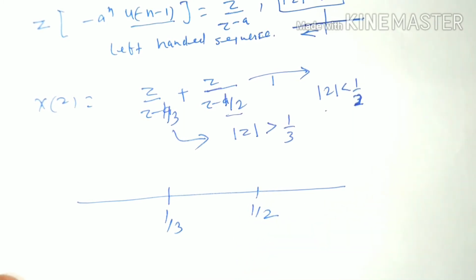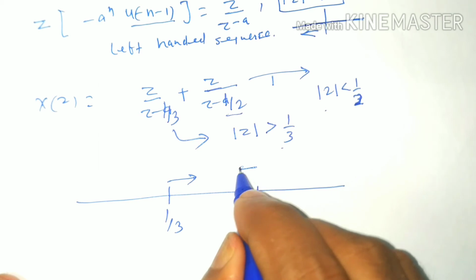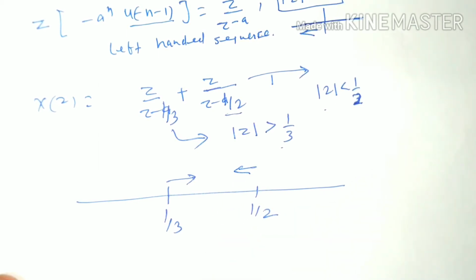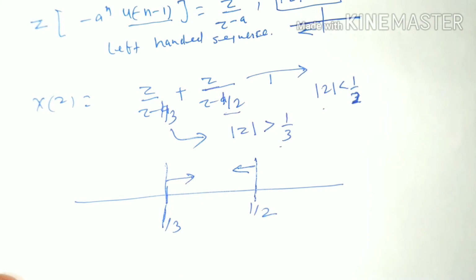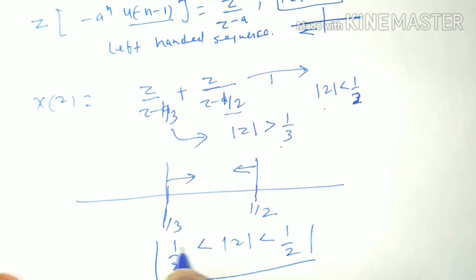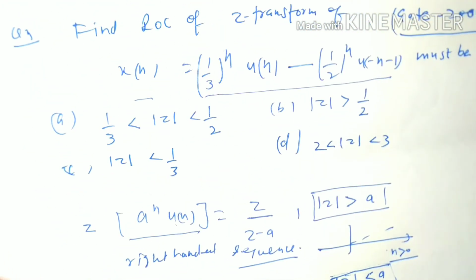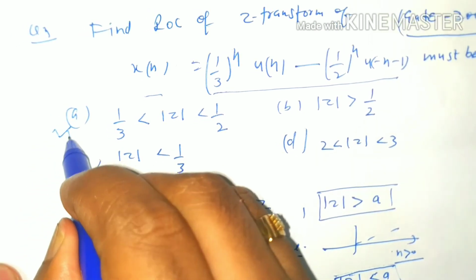One tells us that modulus of Z should be greater than 1 by 3, that means on this side, and the other tells us that modulus of Z should be less than 1 by 2. So the intersection region is this one. We can say that modulus of Z should be between 1 by 3 and 1 by 2. This is the required ROC of the corresponding Z transform. So which option is correct? Option A is correct.